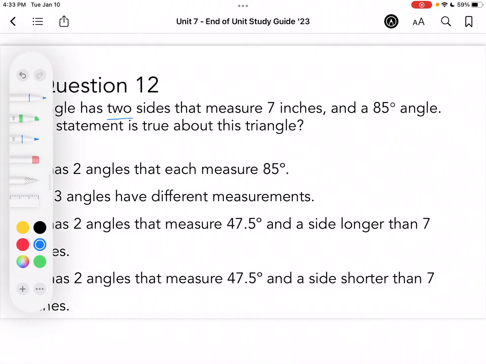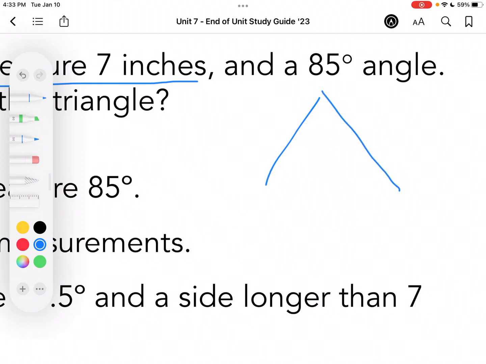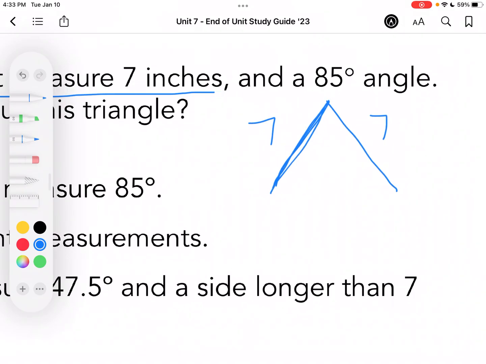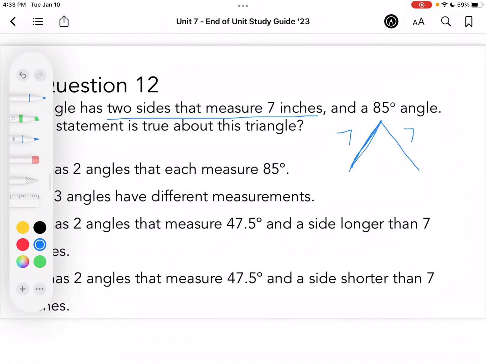Okay, well, I see that I have 2 sides that measure 7 inches. So that tells me I have an isosceles triangle. Okay, if it's an isosceles triangle, I know that if this is 7 and this is 7, I would have to have 2 angles that are both the same.